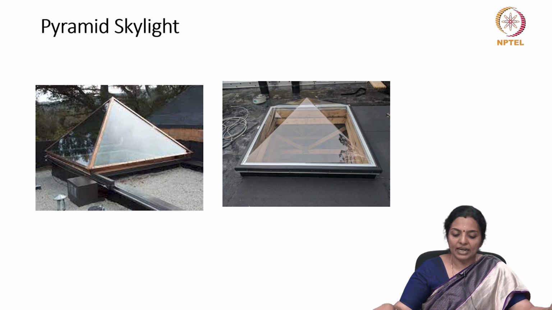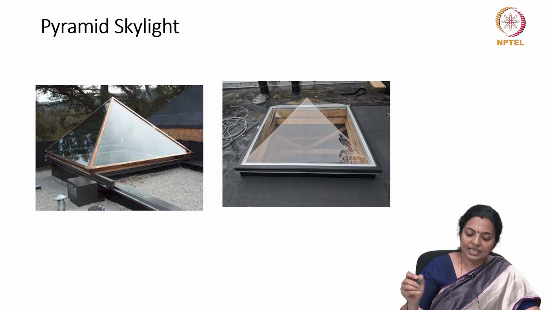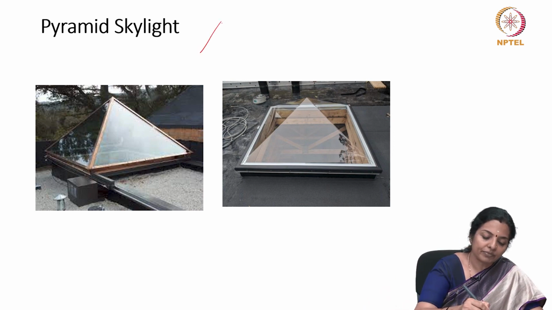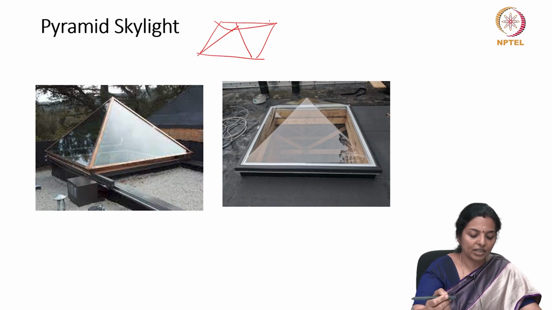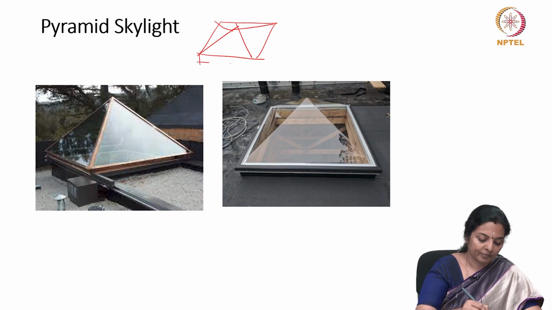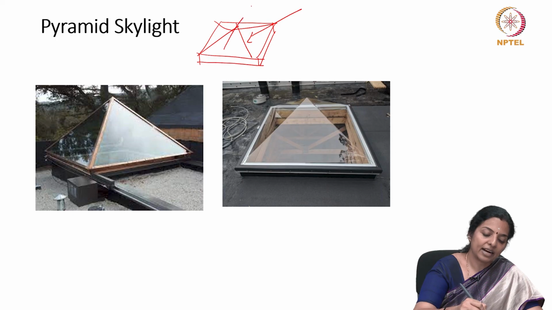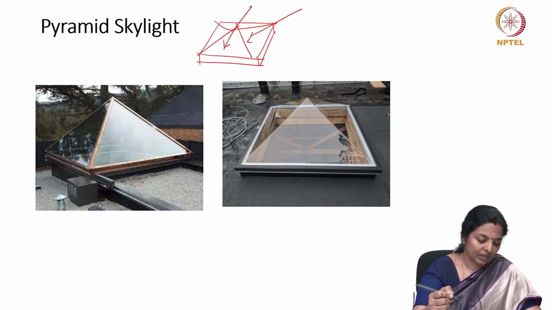So, a pyramid skylight is basically a pyramidical form of skylight on a terrace through which light can enter inside.